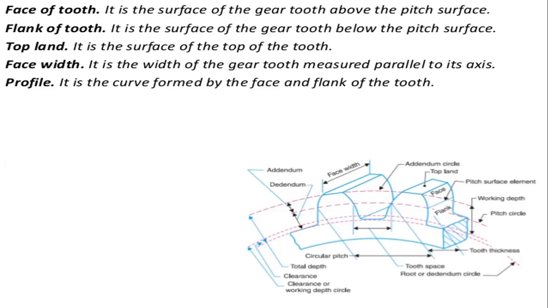Next one is the face width. So it is the width of the gear tooth measured parallel to its axis.